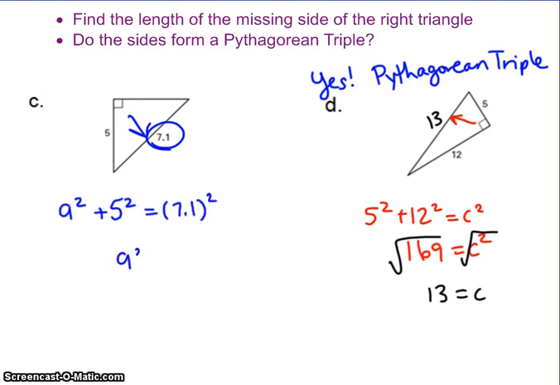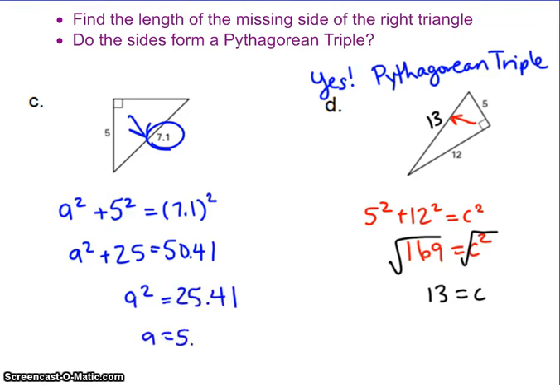So I get a squared plus 25 is equal to 50.41. Subtract 25 from both sides. Square root both sides to get a is approximately 5.04. So we obviously know this is not a Pythagorean triple. I'm getting decimals and not integers.